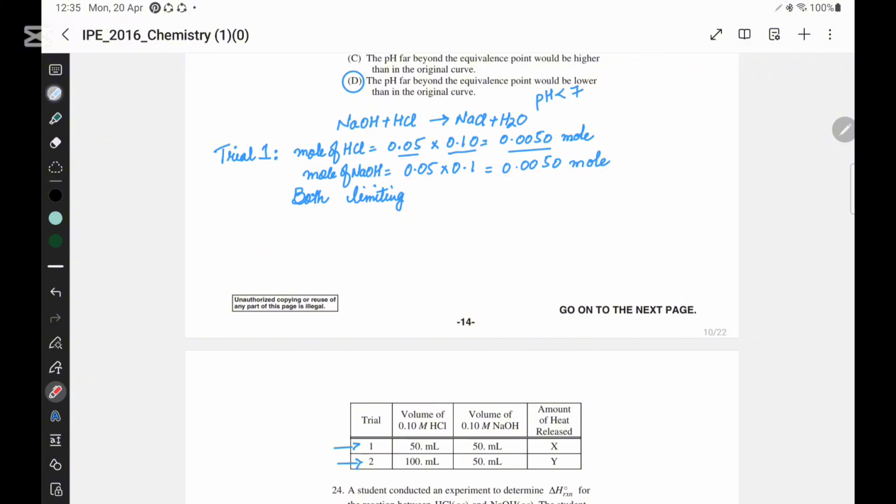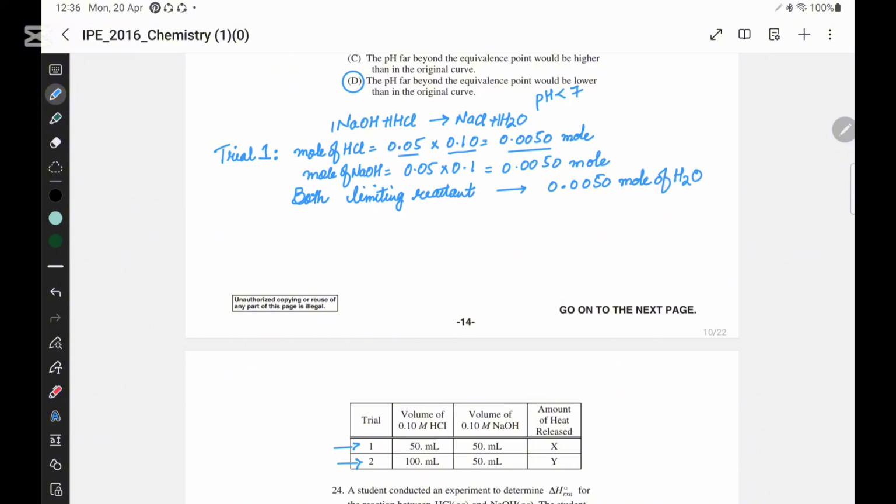So both are limiting reactants, and as there is a 1:1 ratio between NaOH, HCl and water, there will be 0.005 mole of water for sure.